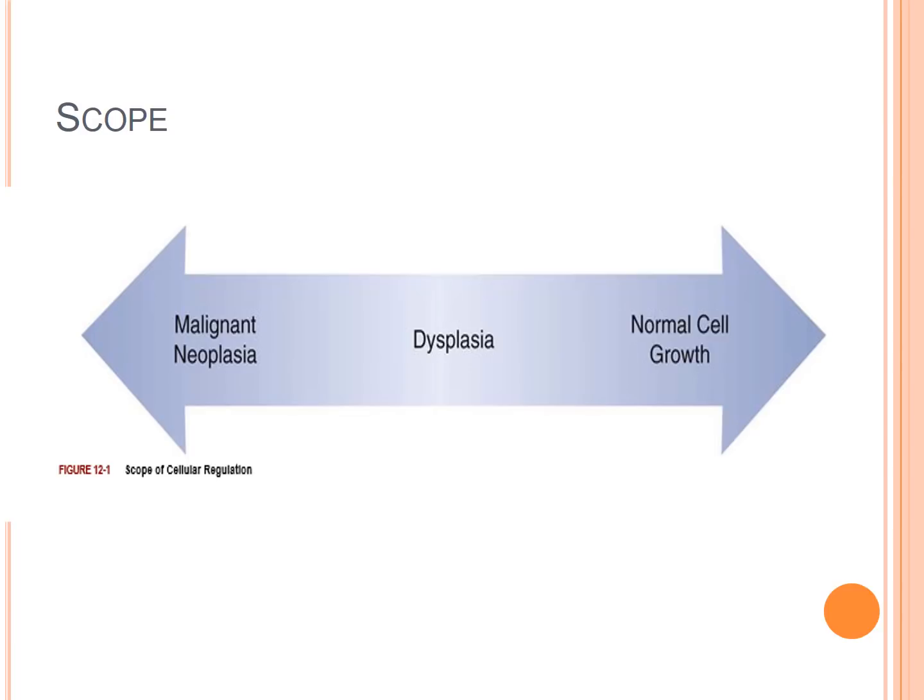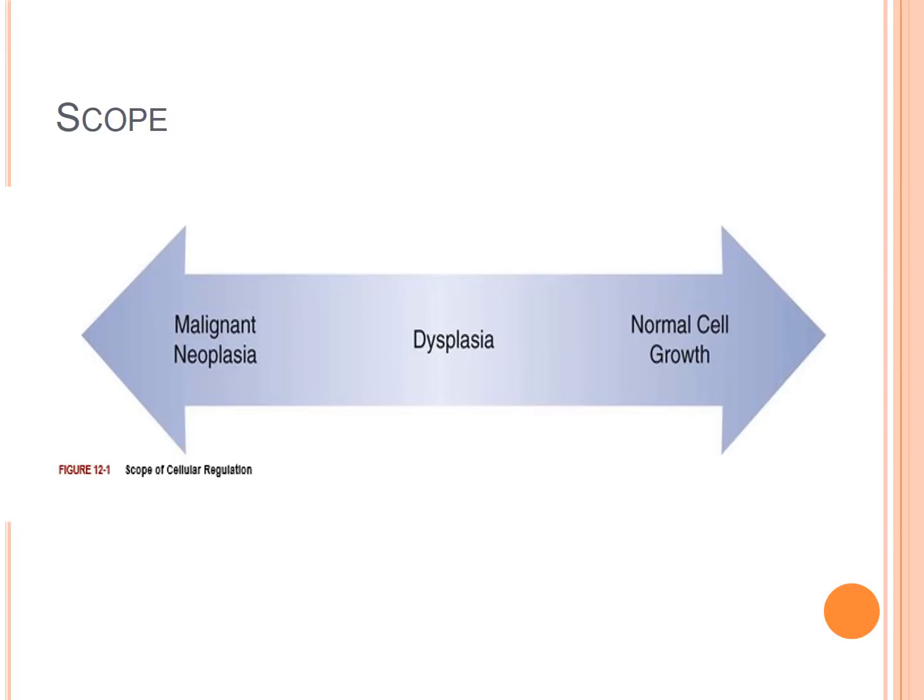Dysplasia is when the cells have a variation in size, shape, and appearance, so they look a little bit abnormal. Dysplasia also signifies that the DNA has lost control over differentiation.